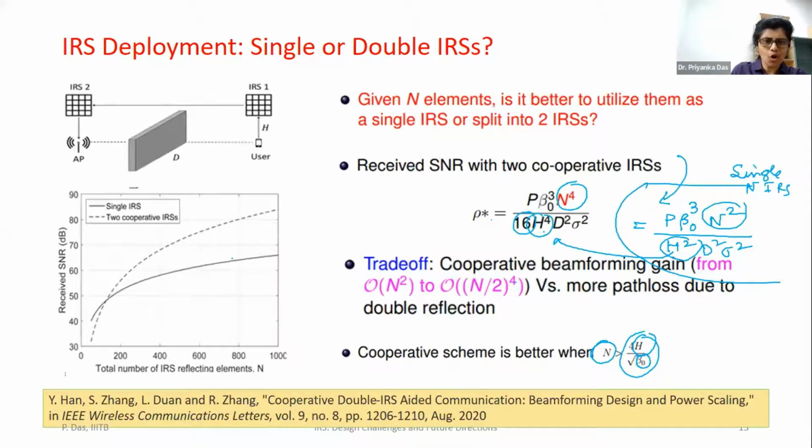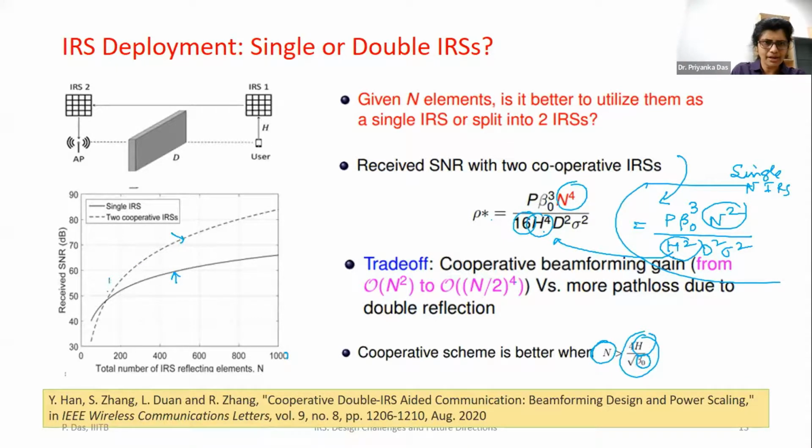Now they have also plotted, to give you the benefit of a single IRS versus two cooperative IRSs, the received SNR versus IRS reflecting elements N. They've gone up to 1000, starting somewhere around 20 or so. What you can see is this is my single and this is my two cooperative IRSs.